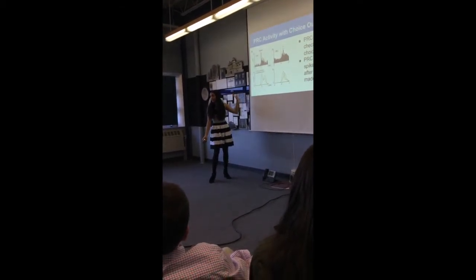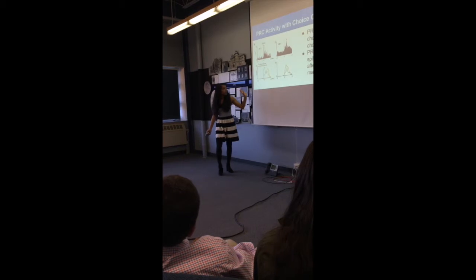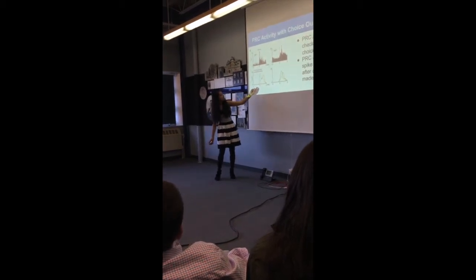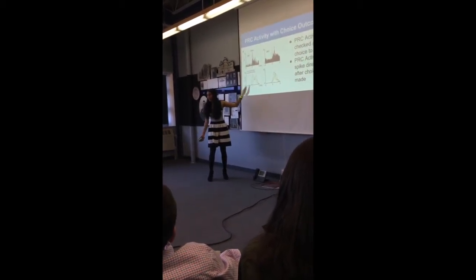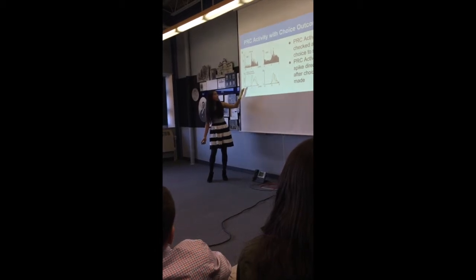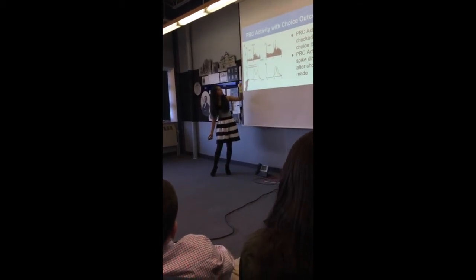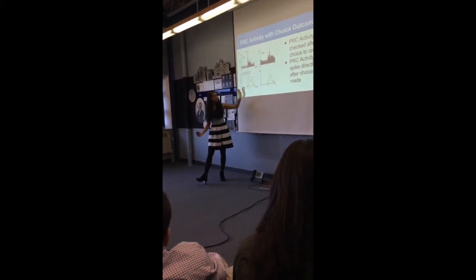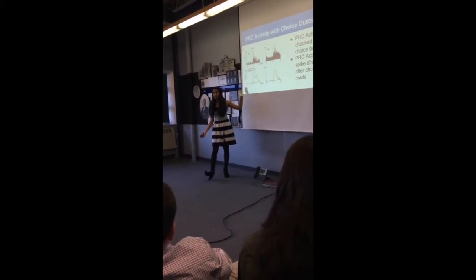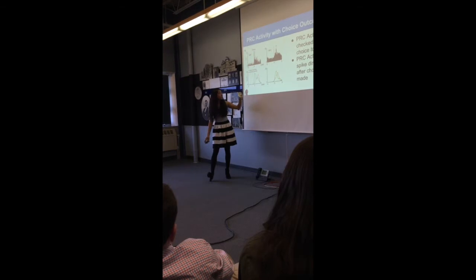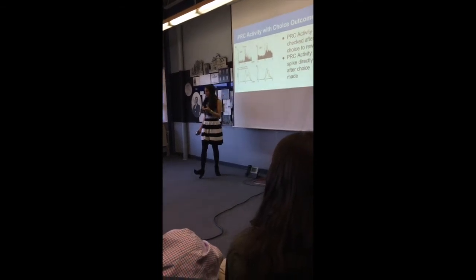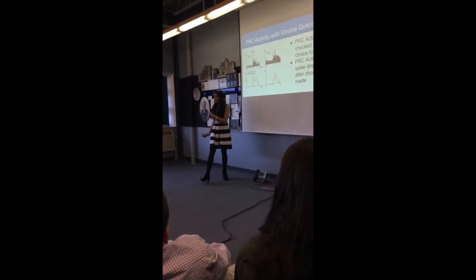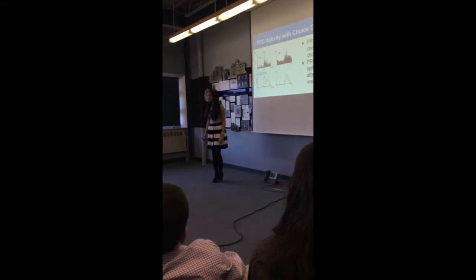They had the object image drifting off, but the significant spike was at the choice outcome, when they made the choice. There was another spike when the reward system happened, but it wasn't very significant.